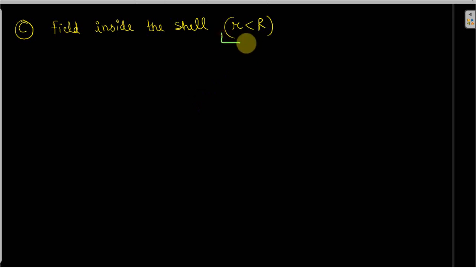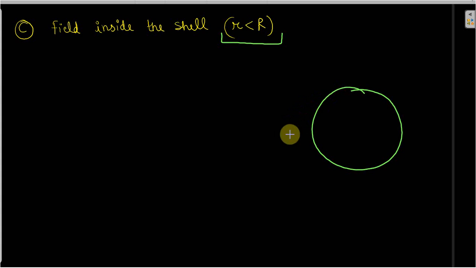Now in the next case we will find the field inside the shell. So inside the shell, r is less than R. Earlier you took a sphere having radius r. Now you want to find the field at point P, that is inside the shell, and r is the distance of point P from the center.